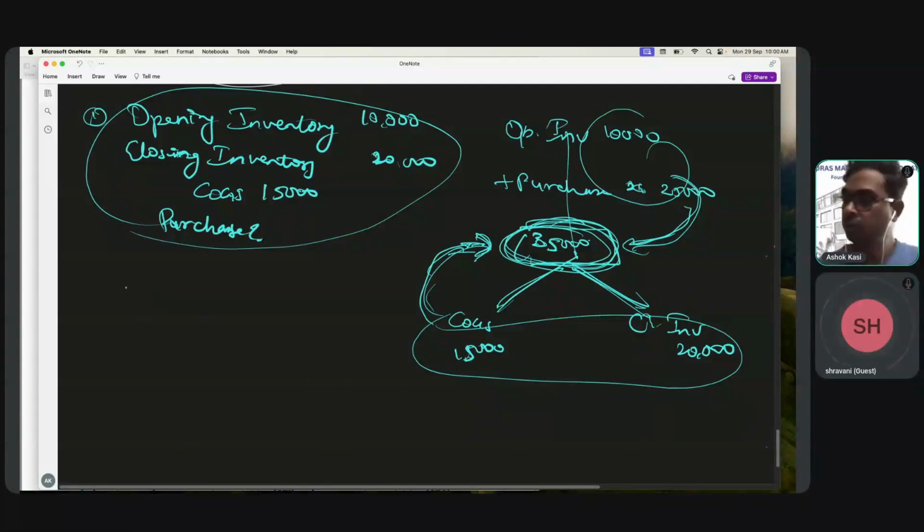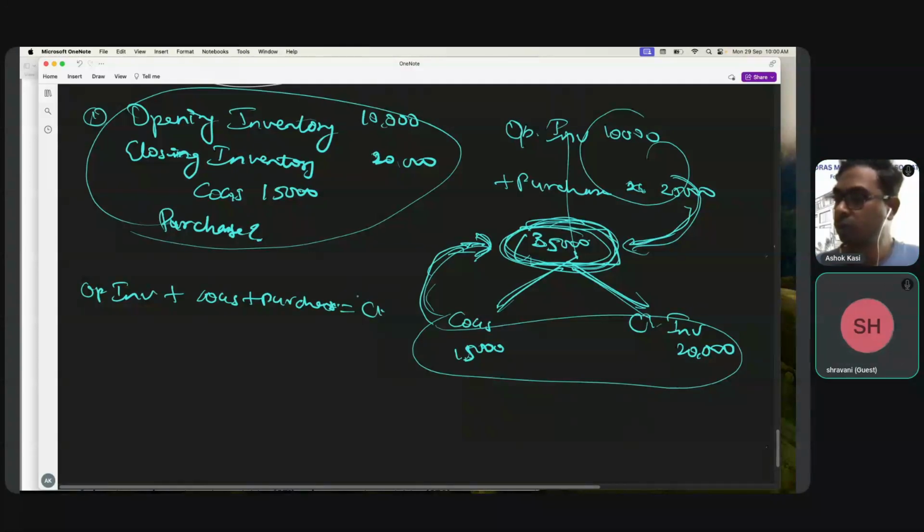Or you can simply say, if you want it like a statement, opening inventory plus purchase minus cost of goods sold is equal to closing inventory, whichever way you are comfortable. So 10,000 plus purchase X minus cost of goods sold 15,000 is equal to 20,000.